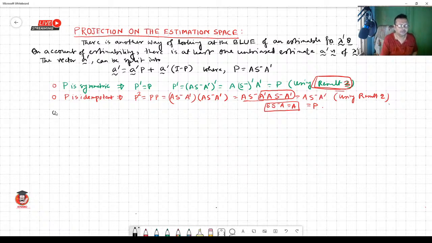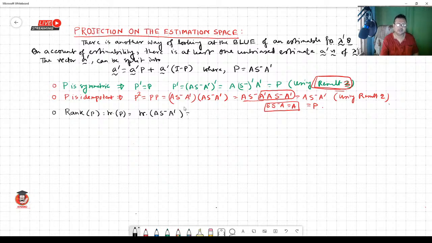Next portion, rank of P equal to trace of P equal to trace of A S G inverse A prime.